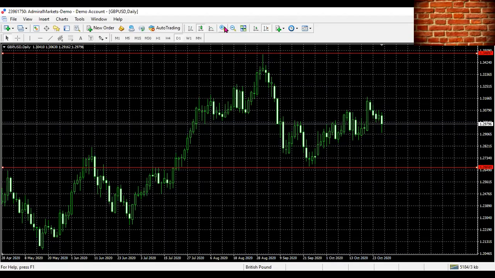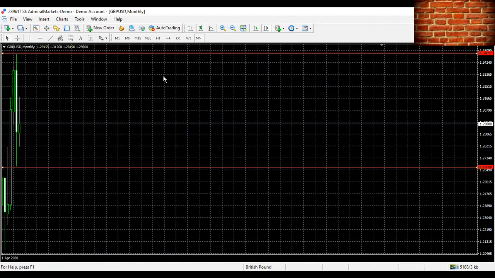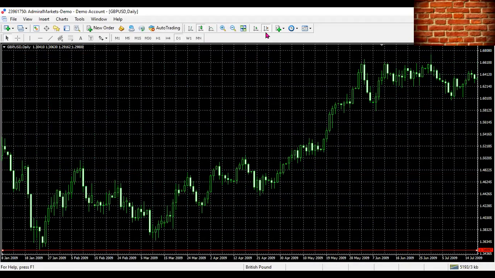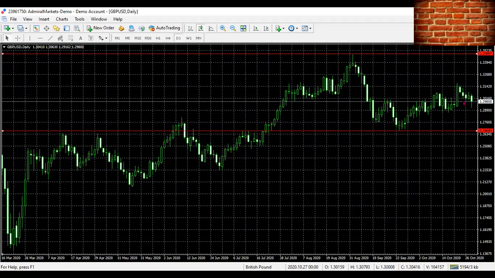Next week, we've got the US elections. The last trading day of October is this Friday. And we've got our daily candles for this week so far. We've had all of these bearish candles here, and then there, and then there, and then a minor bullish candle yesterday, and then this bearish candle today.